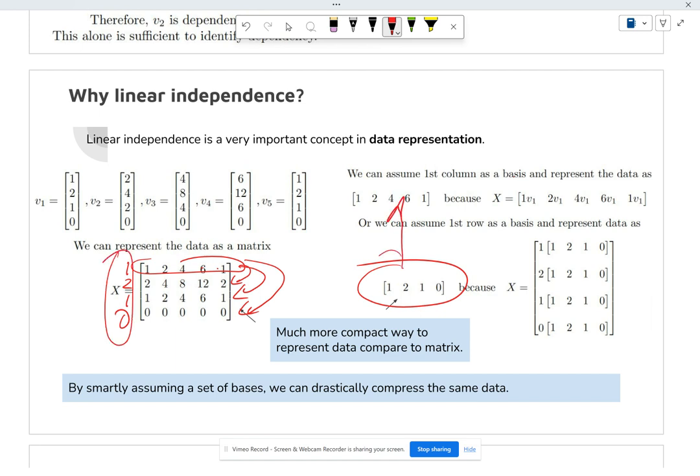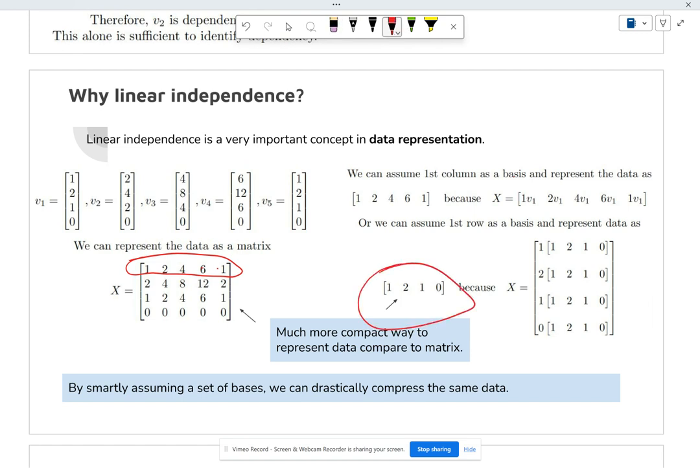If we use the first row as the basis, this will essentially allow us to compress the data as much as possible. So by intelligently identifying these sets of bases, we can drastically compress the same data, and represent the same data with very few numbers.